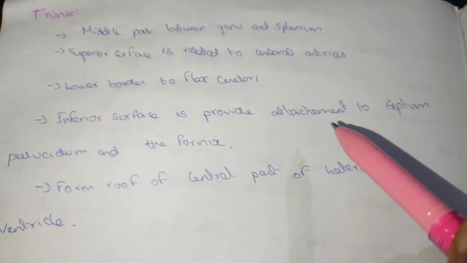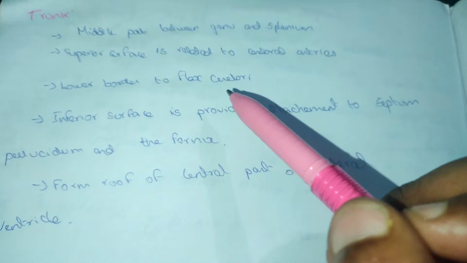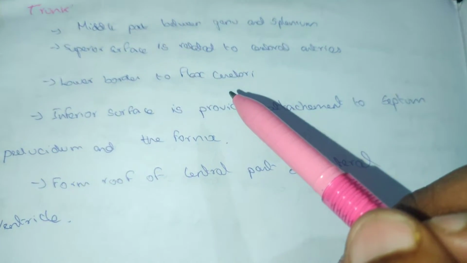The inferior surface provides attachment to the septum pellucidum and the fornix, and forms the roof of the central part of the lateral ventricle.